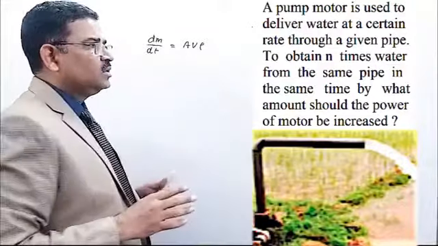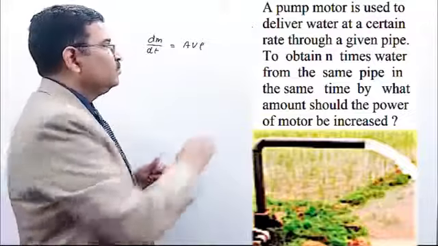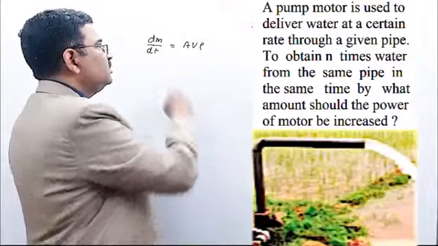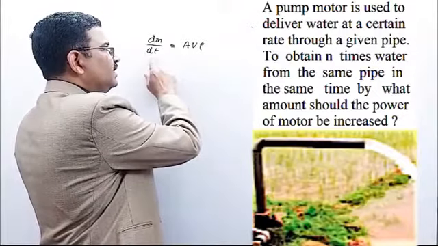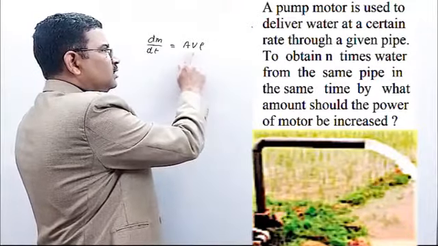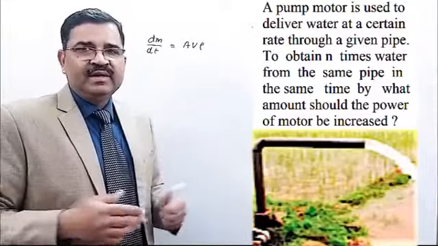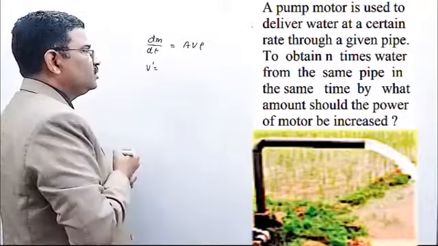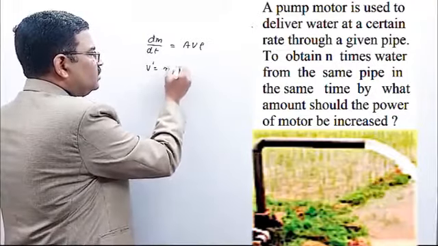No, because the area of the pipe is fixed. The density of water or the liquid is also fixed. So this means in order to increase the mass supply n times, I should increase the velocity by n times. So if v dash is the final velocity, then it should be n times the initial velocity.